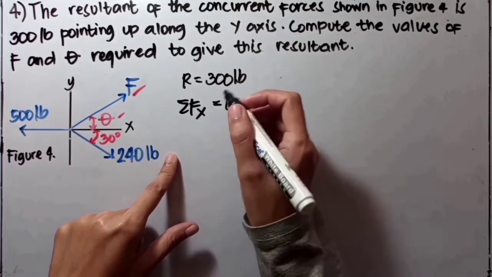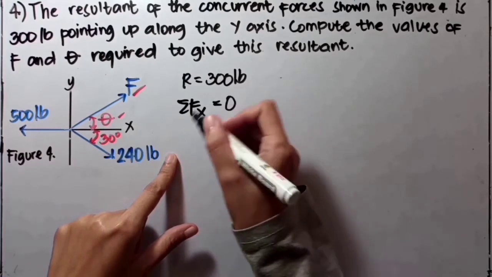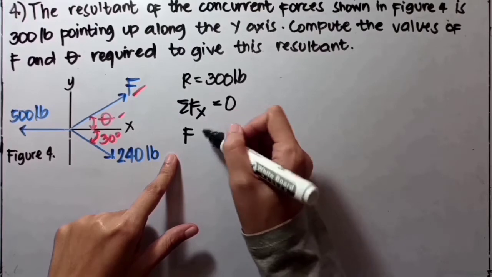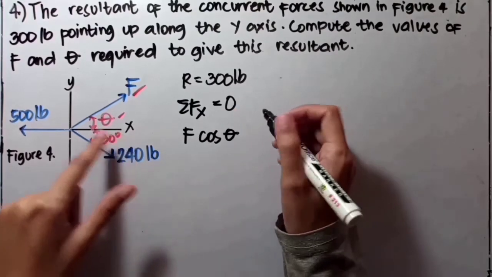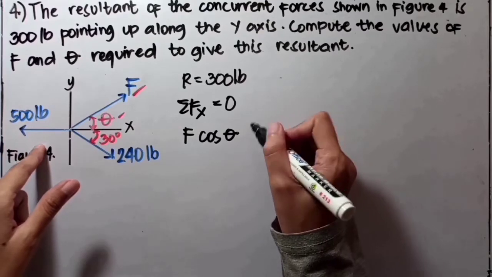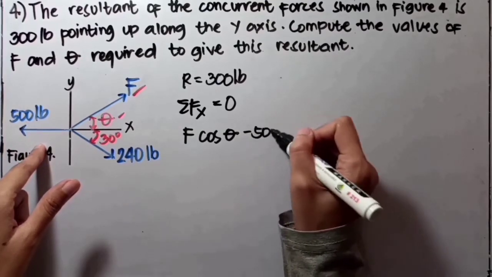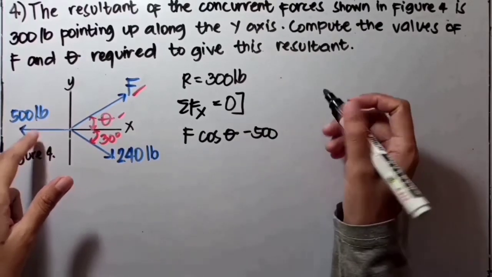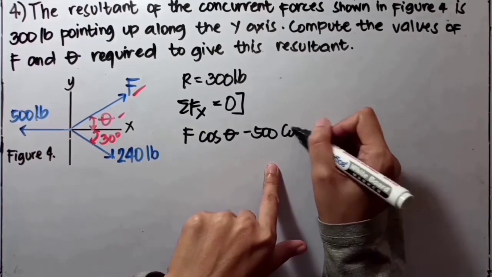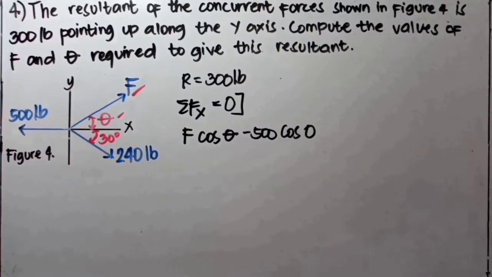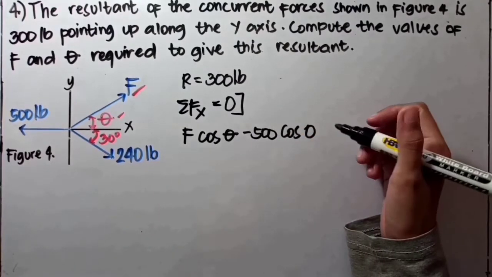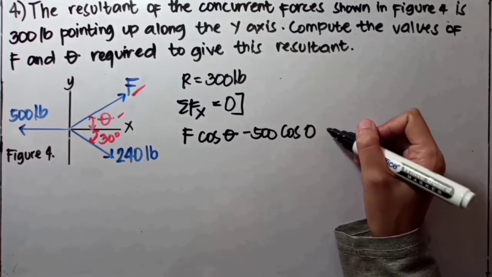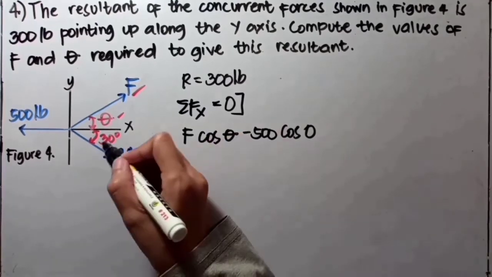So, summation forces X is equals to 0, which is summation of F cosine theta, and then next will be the negative 500 cosine 0 kasi, yun nga, 0 siya kasi walang angle, and then the next will be the 240, so ang x niya is positive.